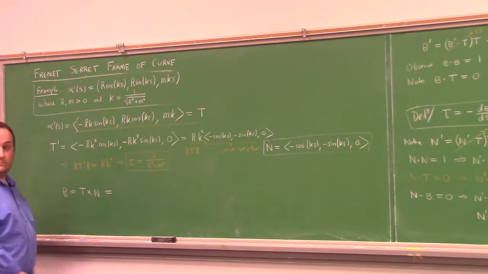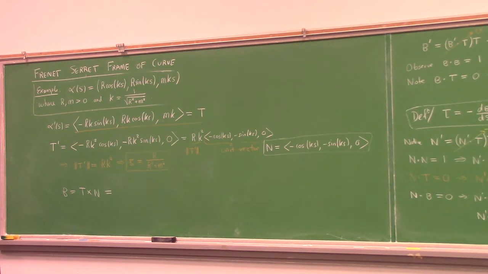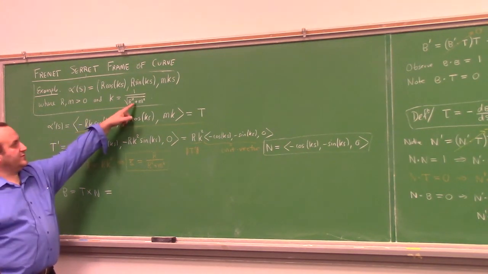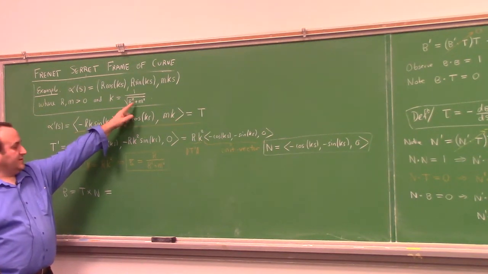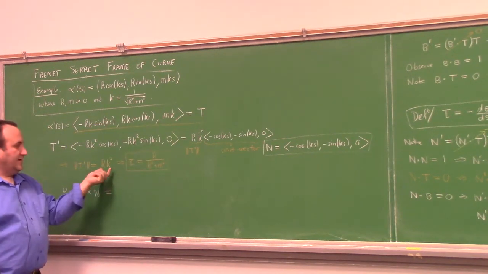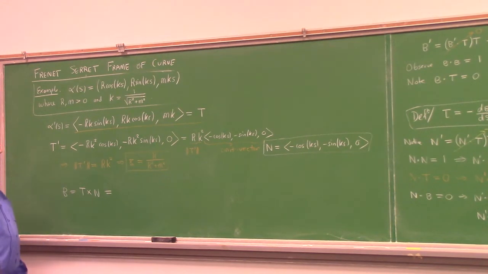Well, k is 1 over the square root of r squared plus m squared, so when I square k, the r just stays up top. However you guys want to calculate the cross product, I'm going to do it old school.